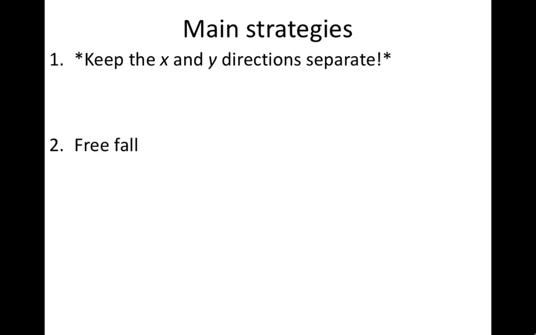The second thing is to remember that objects in projectile motion are also in free fall, and so we know what the acceleration is. We know that the acceleration has a value of g, and it has a direction of downwards. And when we're keeping the two directions as separate, we now have to use the components for the acceleration.